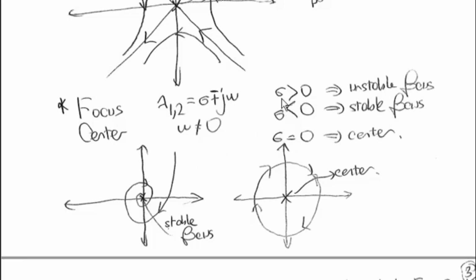And if the real part is positive, we have an unstable focus, so the motion is going to be getting away from this equilibrium point. On the other hand, if the real part is negative, then we have a stable focus which converges to the equilibrium, around which all trajectories converge to the equilibrium point here. And we have the center, in which case we have a periodic motion around the equilibrium point when the real part is equal to 0.